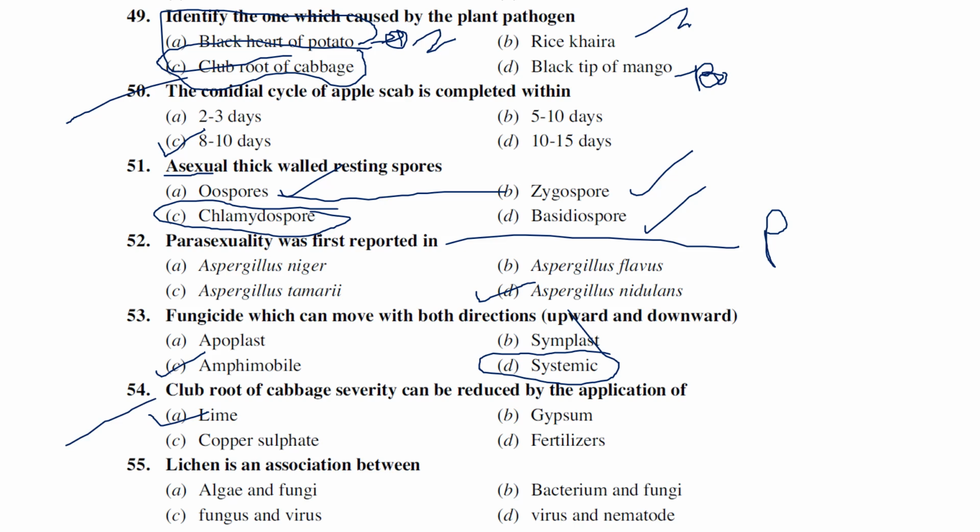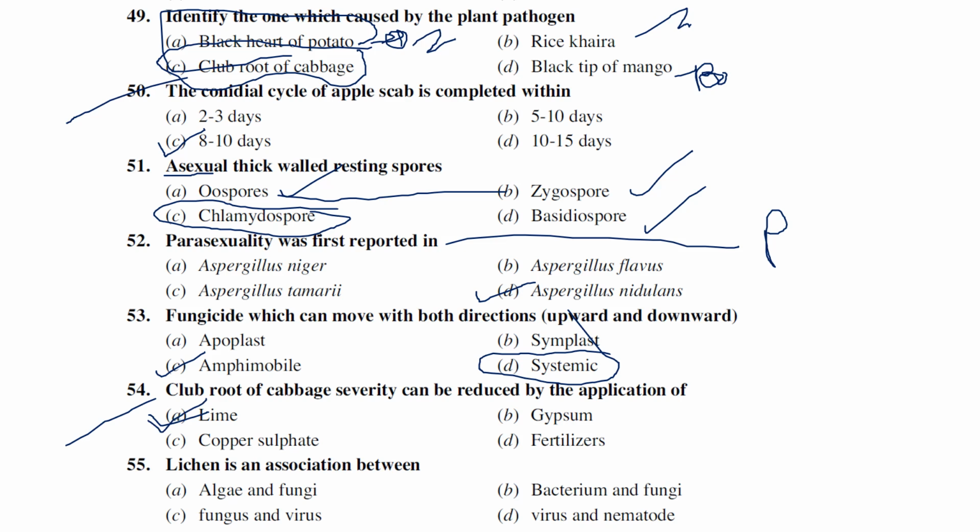He recommended that clubroot of cabbage is severe in acidic soil, at a pH of around 5.2 to 5.5. If I apply lime, soil pH can be increased, right? So if we want to increase the soil pH, application of lime at the rate of 2.5 tons per hectare is the best management practice. So the answer is lime. Application of lime can increase the soil pH, so we can reduce the disease.